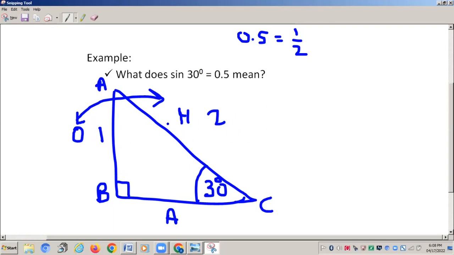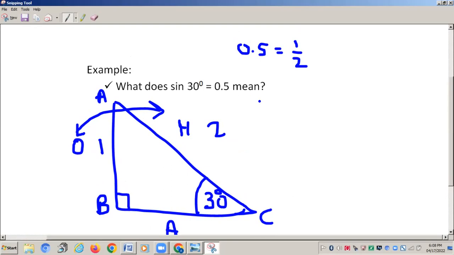It's always double for the hypotenuse. So they wrote it down, and that is how sine 30 equals 0.5. It means the ratio between the opposite and the hypotenuse was in a 1:2 ratio.